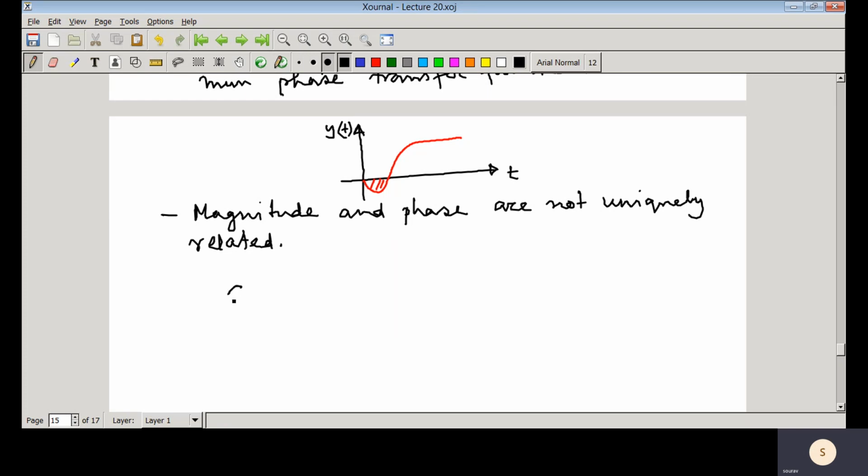Suppose we take a transfer function G1(s) = (s + 2)/(s + 3). Then we can see that its magnitude is the square root of (omega square plus 4) over (omega square plus 9).